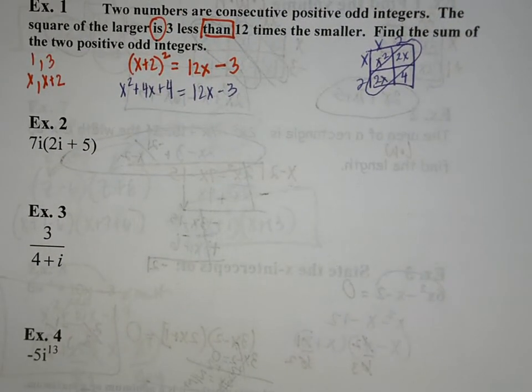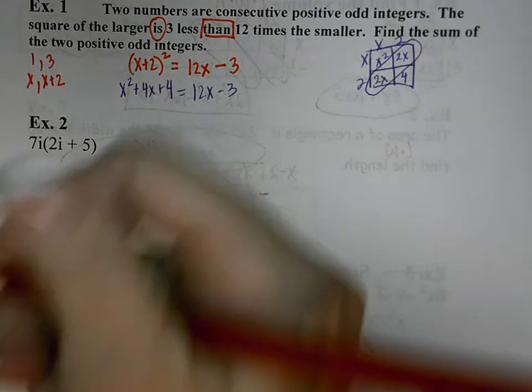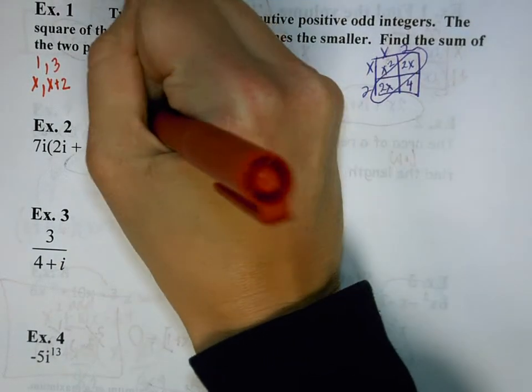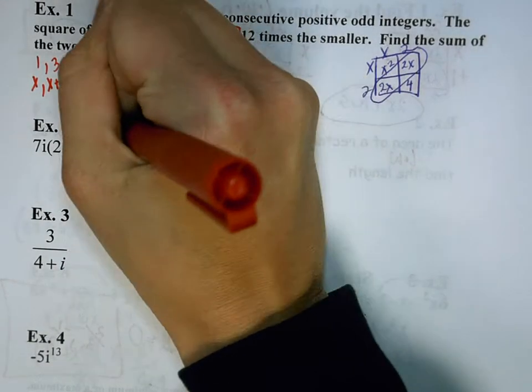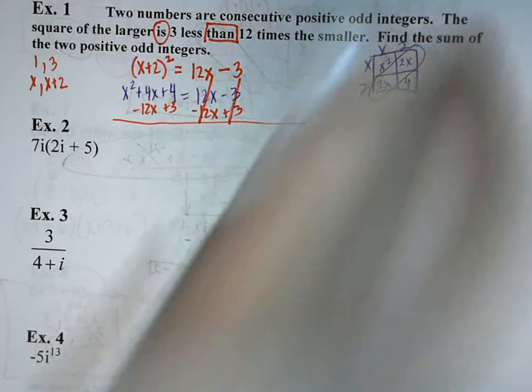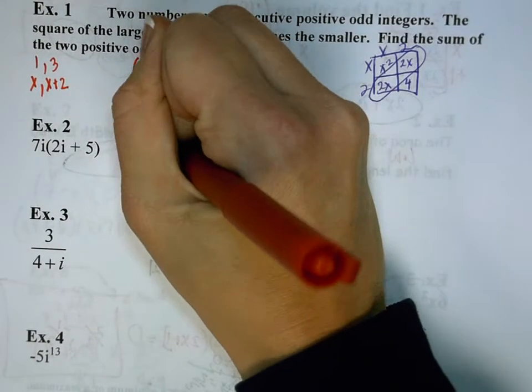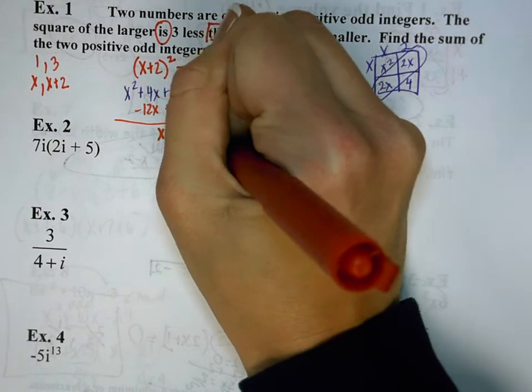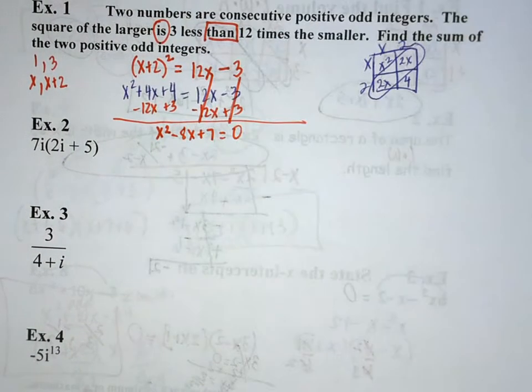What would be our next step on this problem? Good, move everything to the left so you can factor. You want it set equal to 0. So I'm going to subtract 12x and add 3. Okay, so when I go through here now, I have x squared minus 8x plus 7 equals 0.